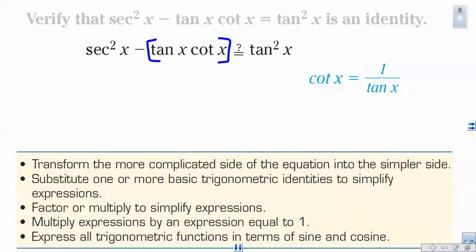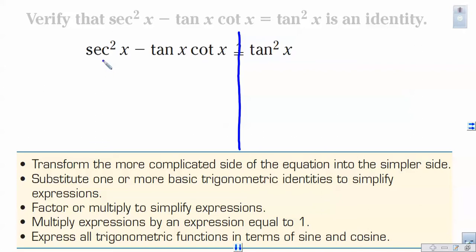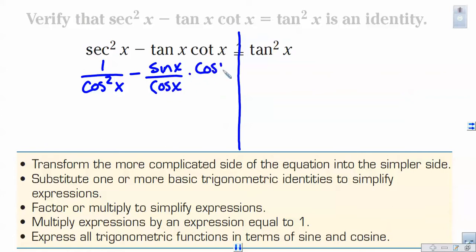This might not have been the way that we would have done it before. A tip that I kind of shared with you guys when it came to simplifying back on 7.1 is that you want to change everything in terms of sines and cosines. So one might think that this would be the move to go here. 1 over cosine squared of x minus sine of x over cosine of x times cosine of x over sine of x.